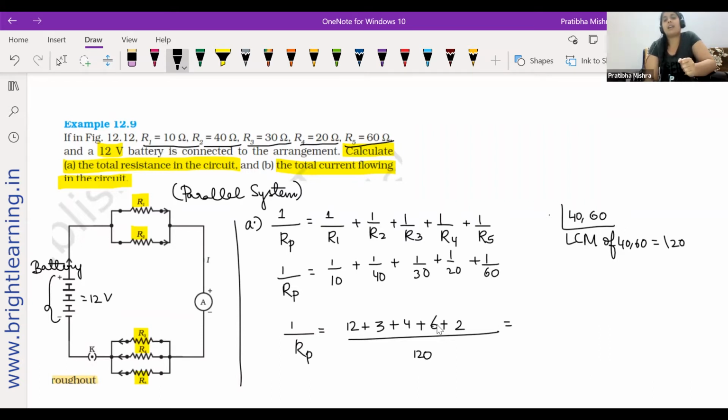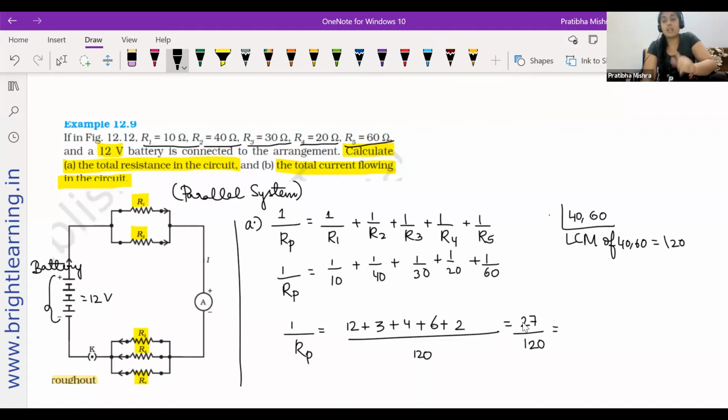And after that, plus 2, 27. So 27 upon 120 is your answer. You can again recheck it. 6 plus 2, 8, 8 plus 4, 12, 12 plus 3, 15, 15 plus 12.